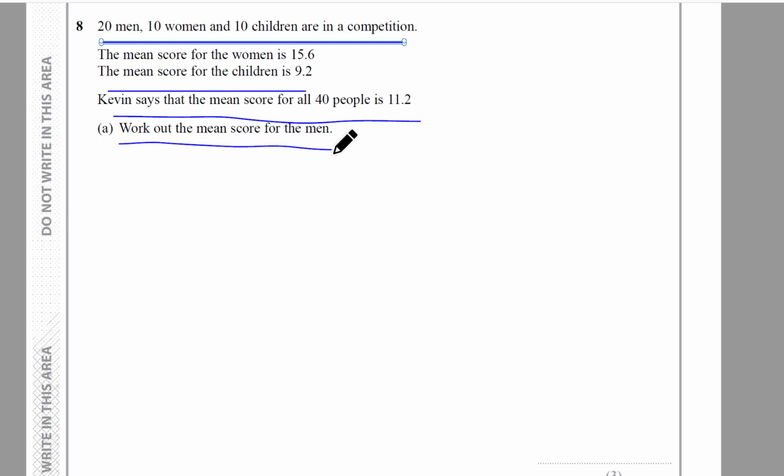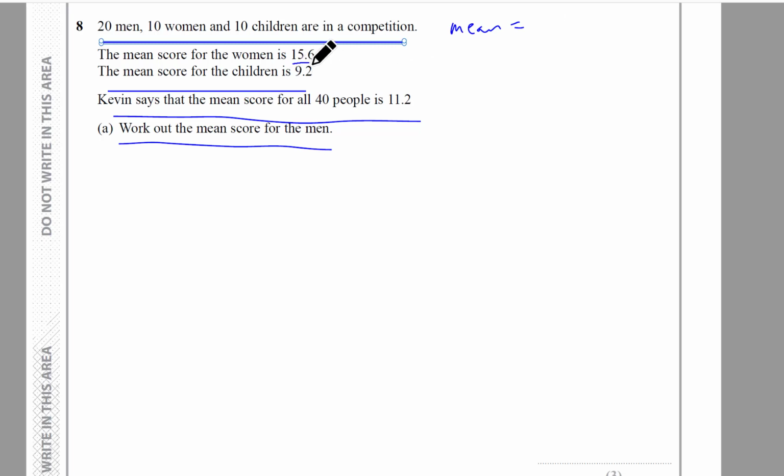Question 8. Now this is a problem solving question with averages. So we have the mean score for women and a mean score for children. So work out the mean score for the men. So the mean score of women is 15.6. If there's 10 women, well the mean is normally you add up all the scores and divide by the amount of people.